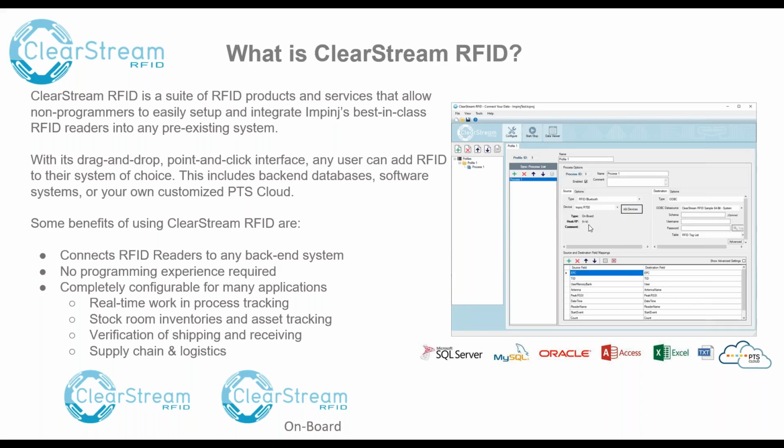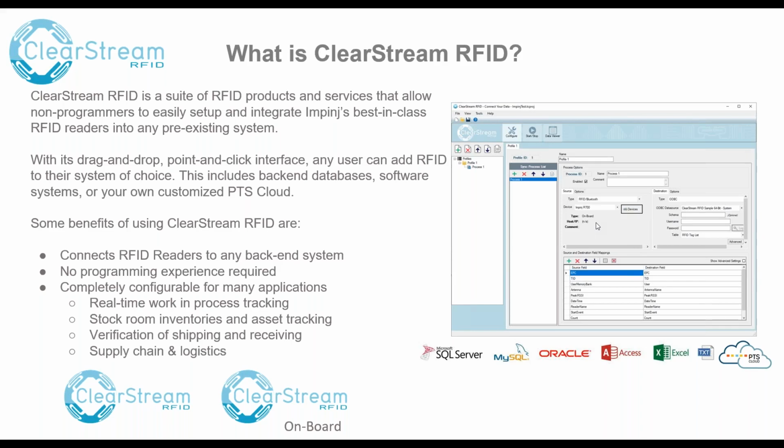From the screenshot you can see here on the right-hand side, this is a screenshot of ClearStream RFID, and it really maps a fixed reader to, in this case, an ODBC database, so that as this reader collects tag information, it sends it to wherever you select that destination. And I'm going to go through a little bit of demonstration of that in just a bit here. But it's a point-and-click, drag-and-drop type interface where you can quickly hook up fixed RFID readers to those back-end systems.